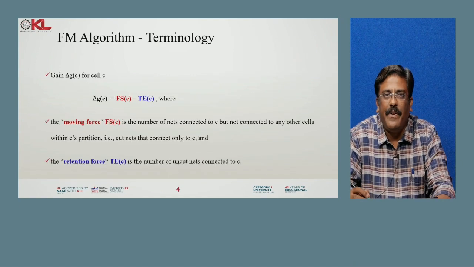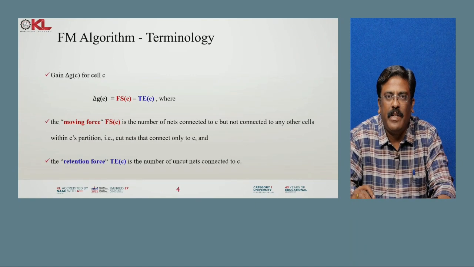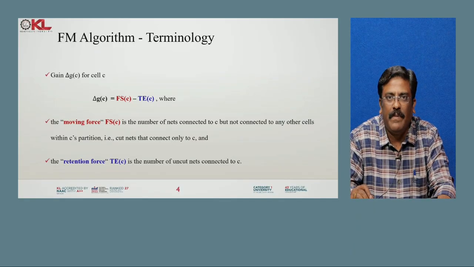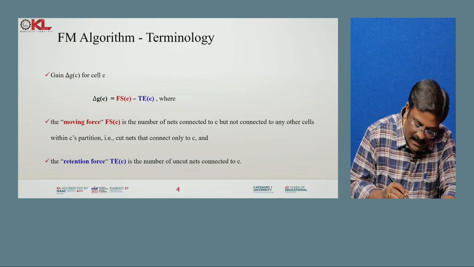Let me get into the terminologies. What are the different terminologies available in the FM algorithm? The first terminology of the FM algorithm is the gain del G of every cell.